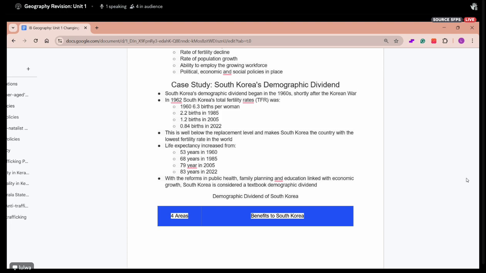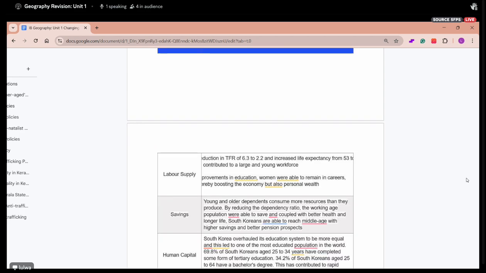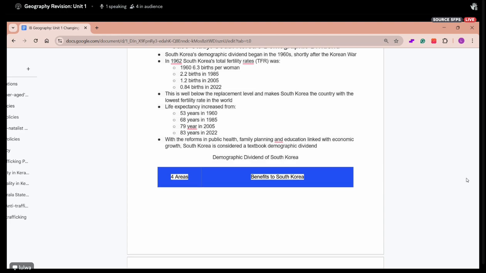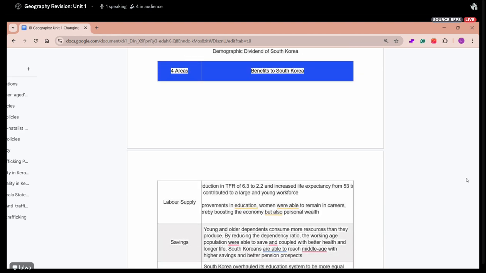Life expectancy increased from 53 years in 1960 to 83 years in 2022 because there were lots of reforms in public health, family planning, education linked with economic growth, and so they are a textbook definition of demographic dividend. So here were 4 areas of which their demographic dividend grew.